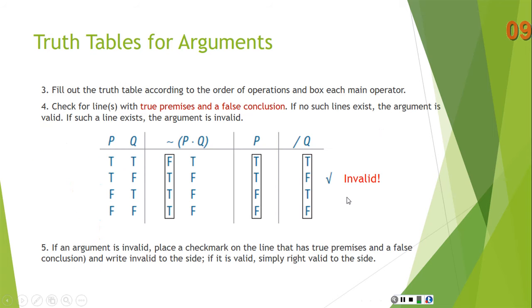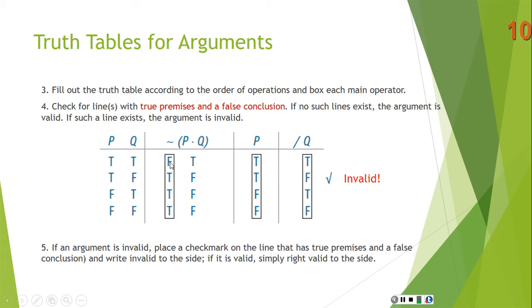So what's next? You fill out the truth table according to the order of operations and box each main operator. That's what we did here. We start by filling out the column that has the least in its range. That would be the dot. It just ranges over the P and the Q. And then we did the column that has the most range, that would be the tilde, because it ranges over this whole thing.